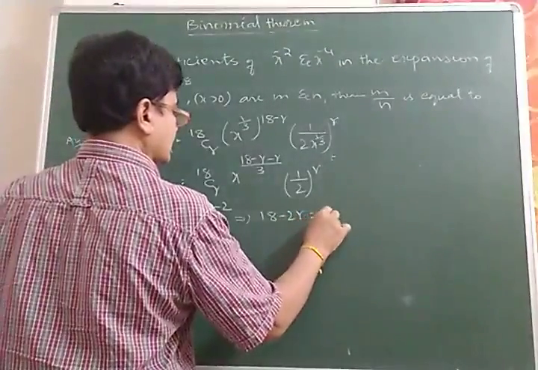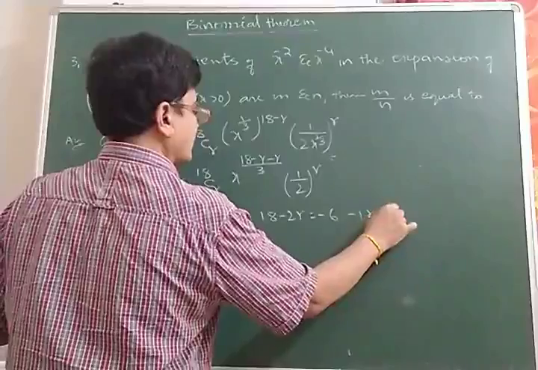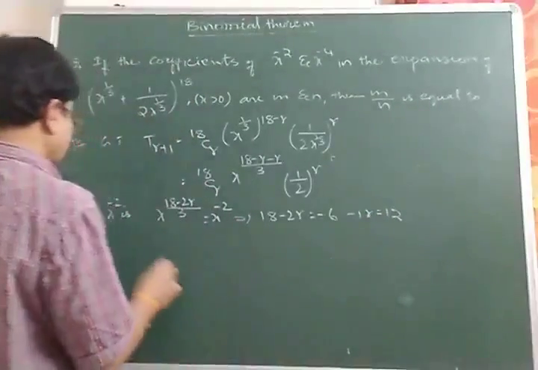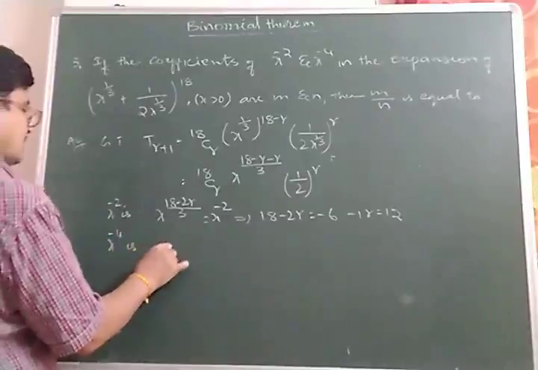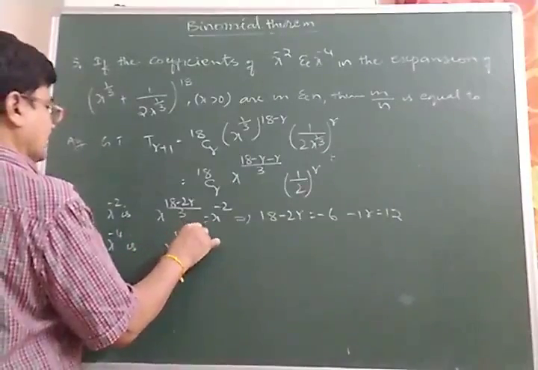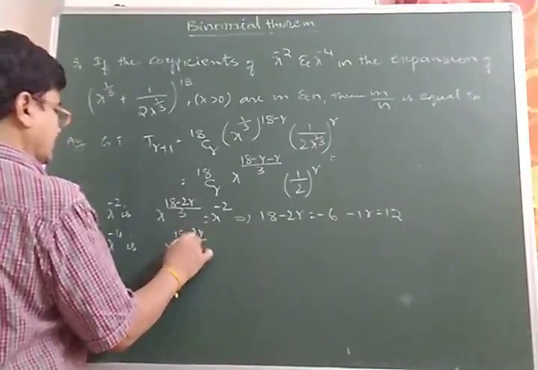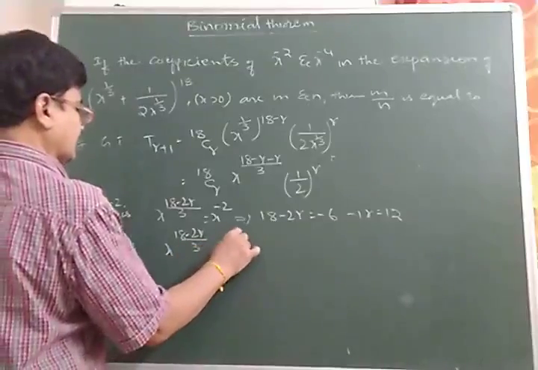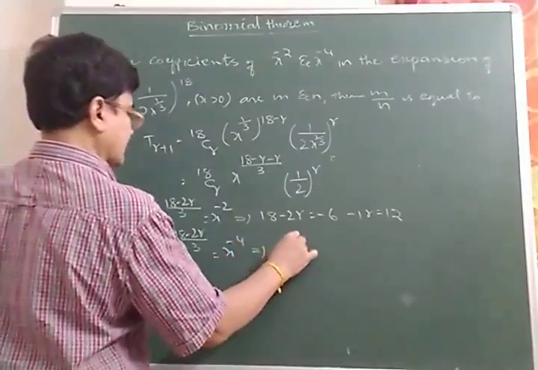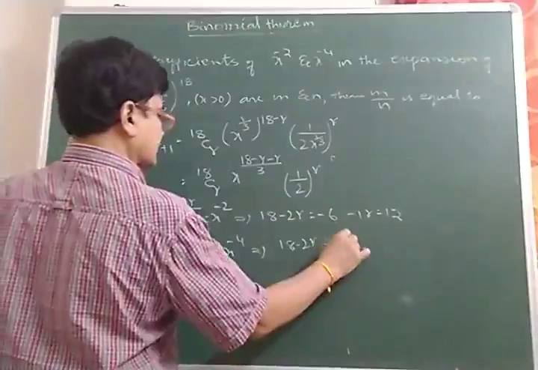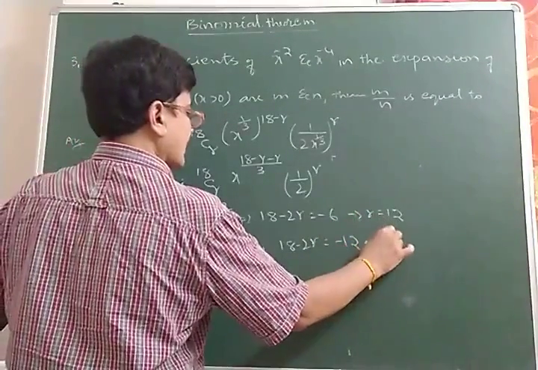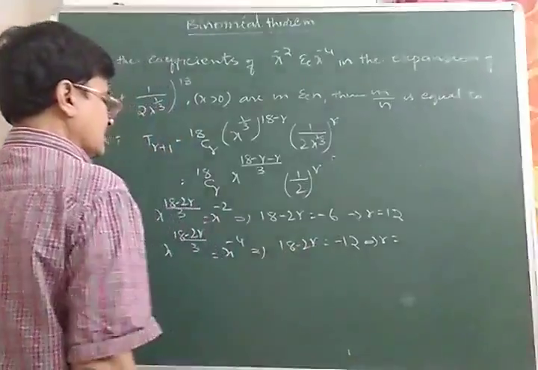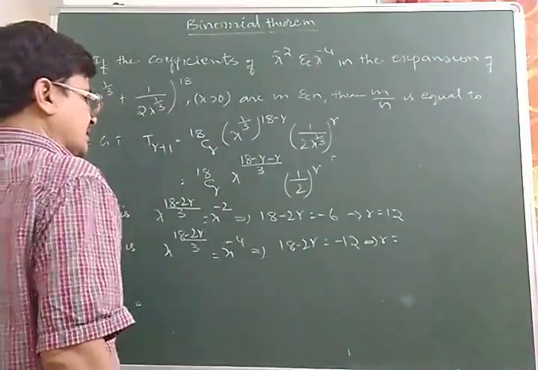So now r is equal to 12. And x to the power of minus 4: x^((18−2r)/3) is equal to x to the power minus 4. So that implies 18 − 2r is equal to minus 12. So that implies r is equal to 15.